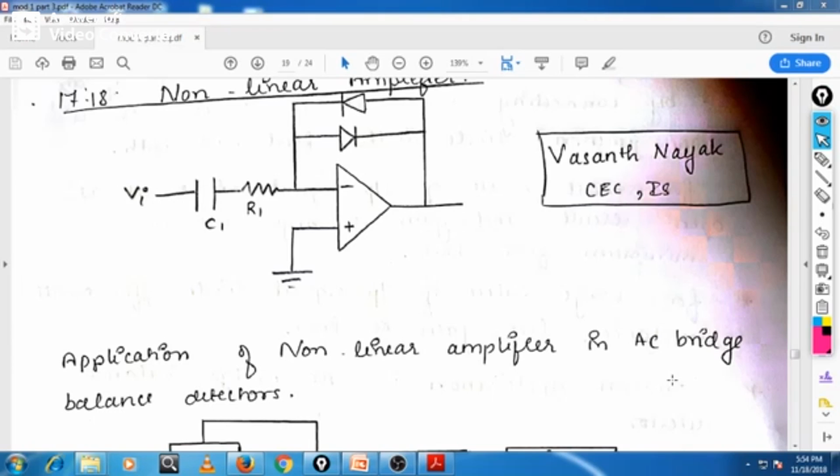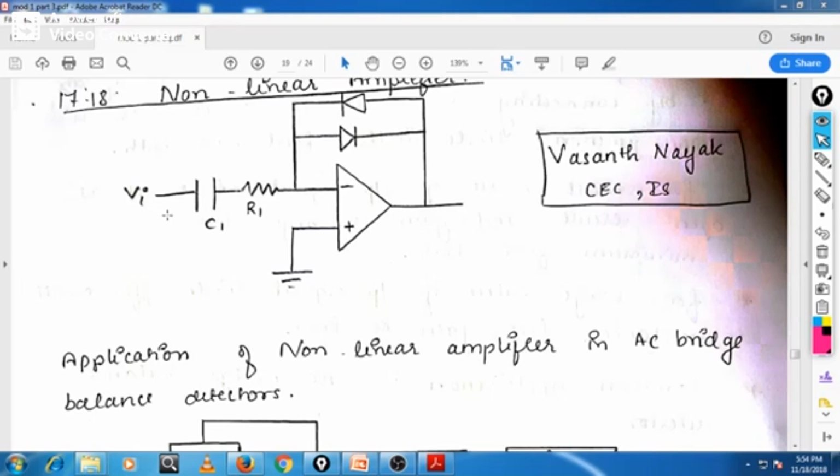We can vary the frequency components, so a particular frequency we can increase and a particular frequency we can decrease. That is one of the applications of the non-linear amplifier.